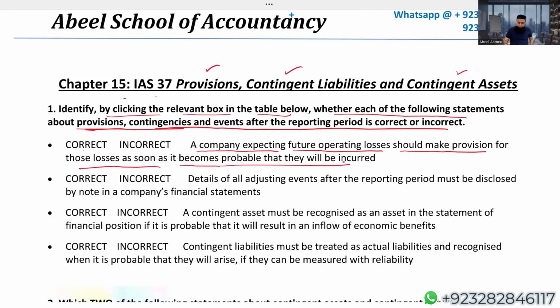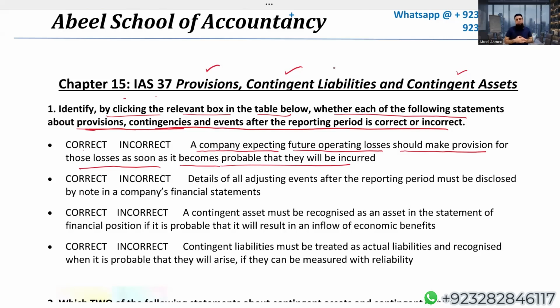Now listen carefully. A company expecting future operating losses. Stop. It is categorically, clearly mentioned in IAS 37 that you cannot make a provision for future operating losses. Now, let me first explain what is the meaning of future operating losses. Then I'll come to this again.